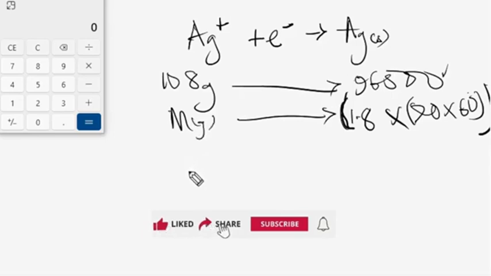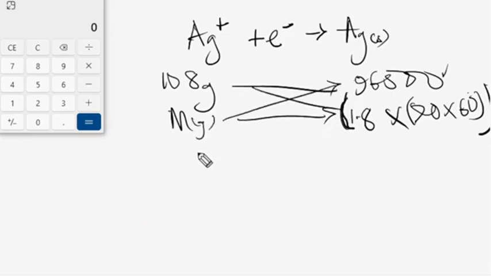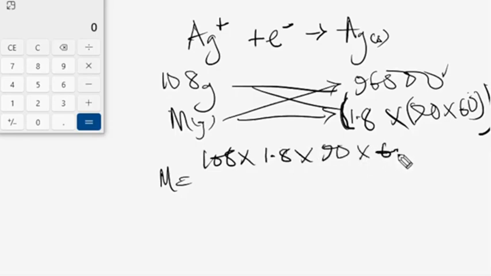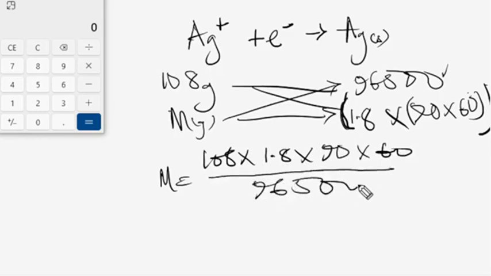So if we have this way, we are simply going to cross this out, and then let's say the mass will be 108 times 1.8 times 90 times 60. So this will be over 96,500.